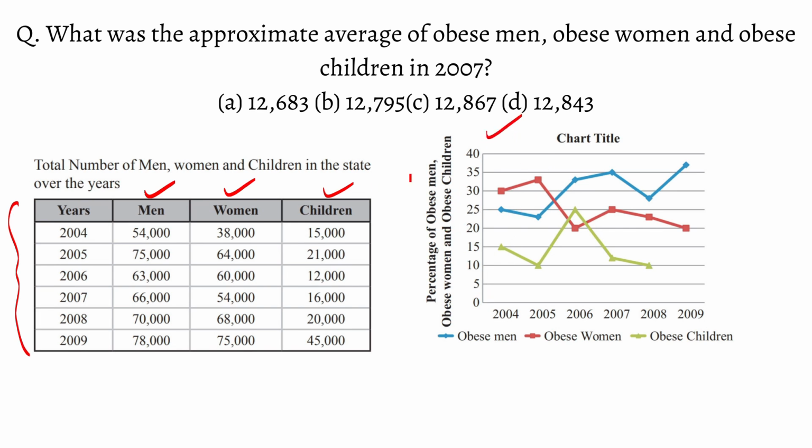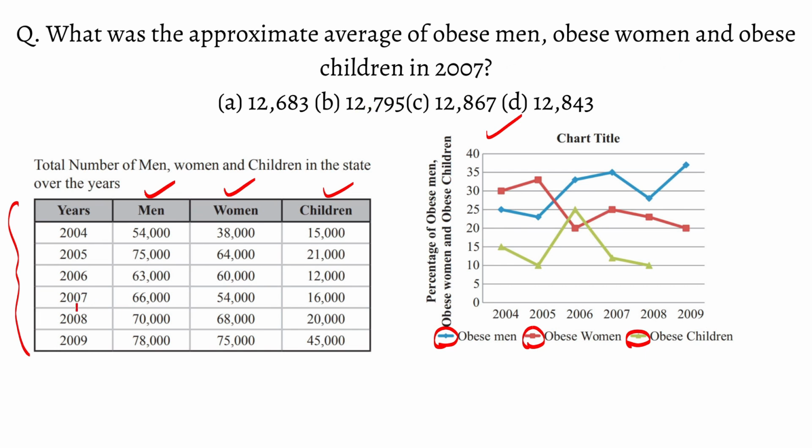Here we have percentage, here we have total number. Understood? Obese men are represented with this color, obese women with this color, and obese children with light green color, right?